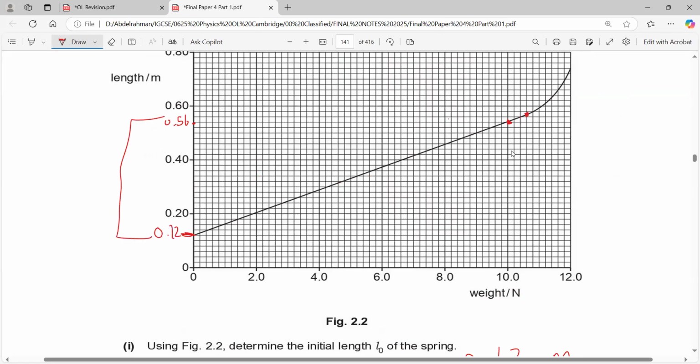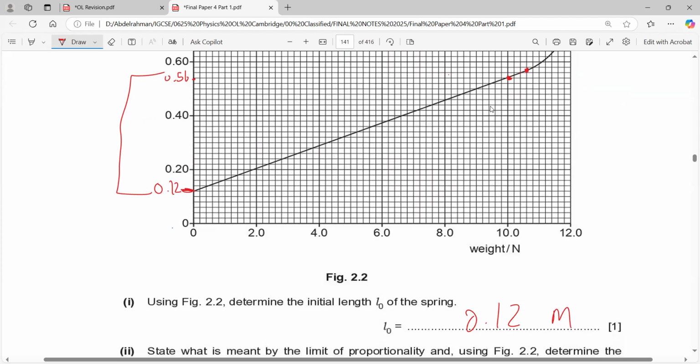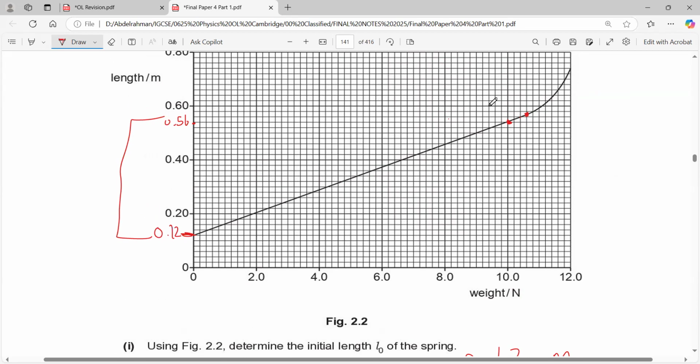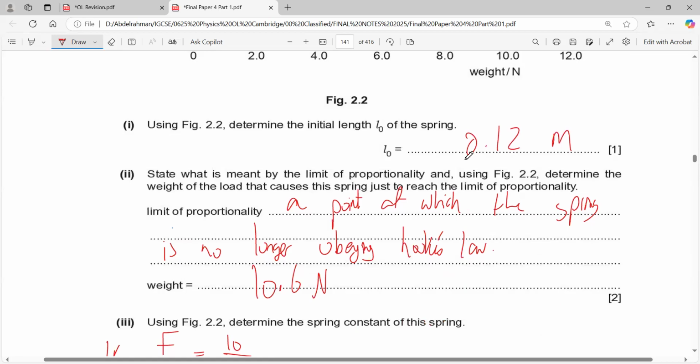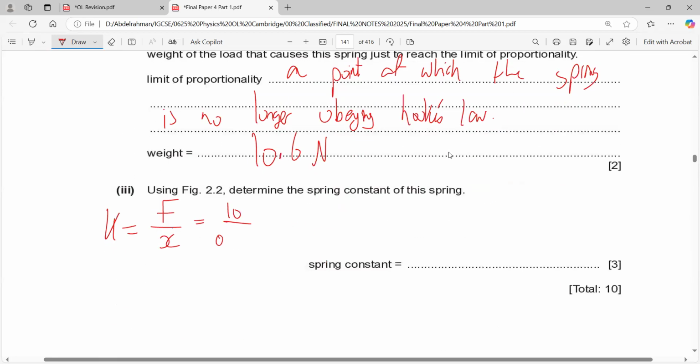It's the length minus the original length. I'm sorry, this is 0.54, not 0.56. So 0.54 minus 0.12.